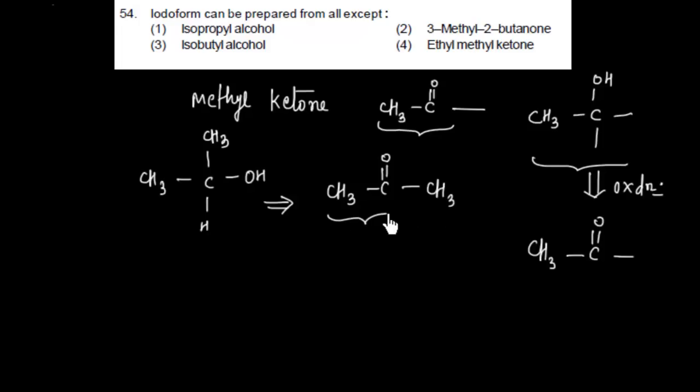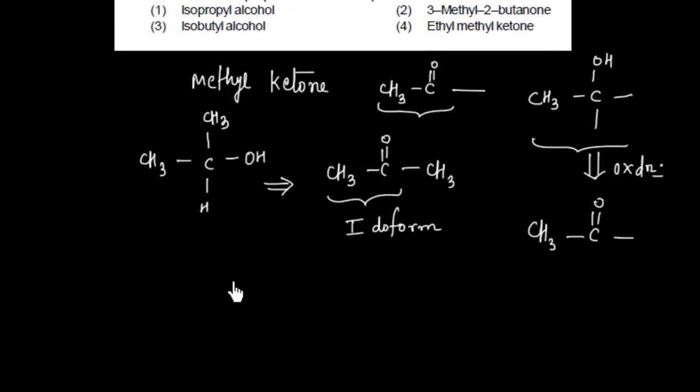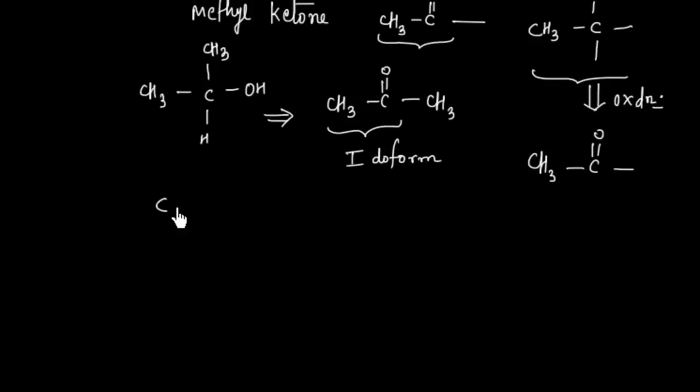So now I have methyl ketone, so it will give iodoform test or it will form iodoform. Now the second is 3-methyl 2-butanone. So I have butanone, 1, 2, 3, 4, and 3-methyl 2-butanone. Once again this will form iodoform because I have a methyl ketone group.